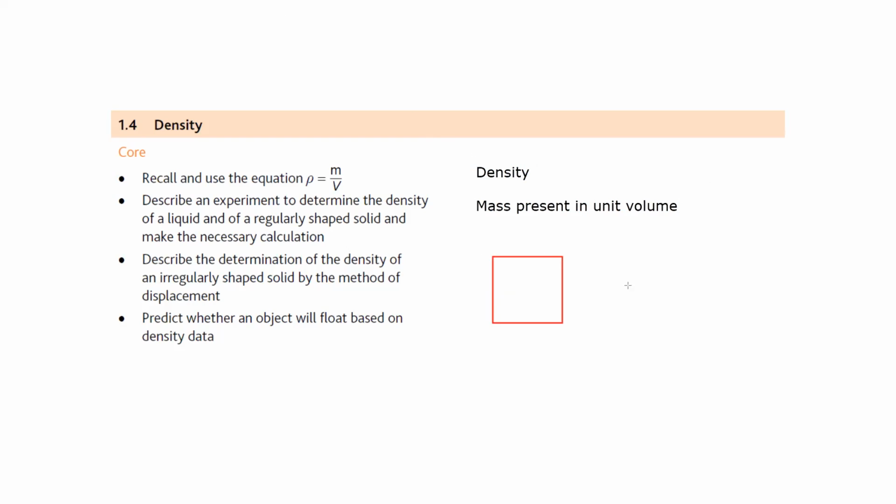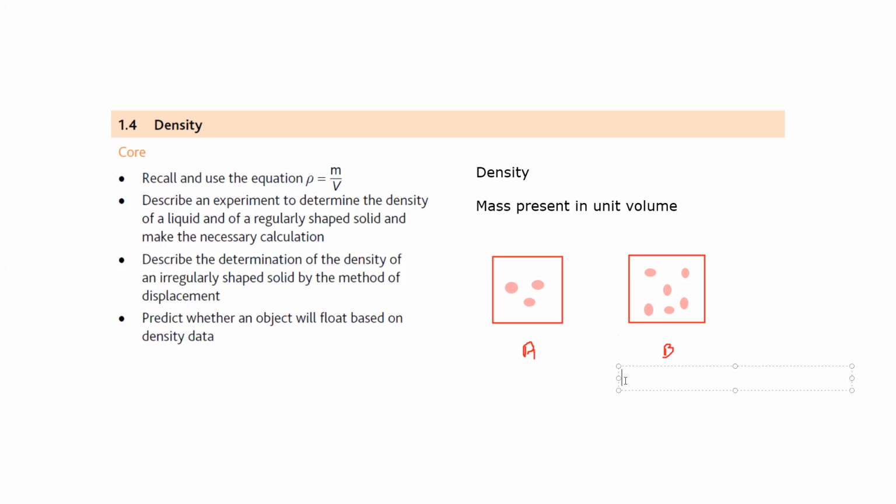Example, we have two objects, they have the same volume, but object A is having only 3 particles and object B is having 6 particles. So which object is having more matter in a unit space? Which object is having more matter, more particles in a unit space, A or B? So B is having greater amount of matter in a unit volume.